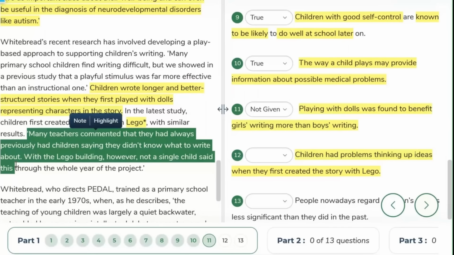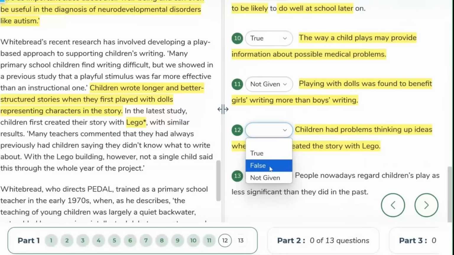It means with Lego, children did not have a problem thinking up ideas. So what is the right answer? Good job. The correct answer is false. Well done.